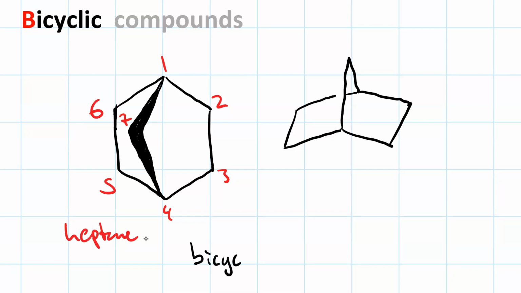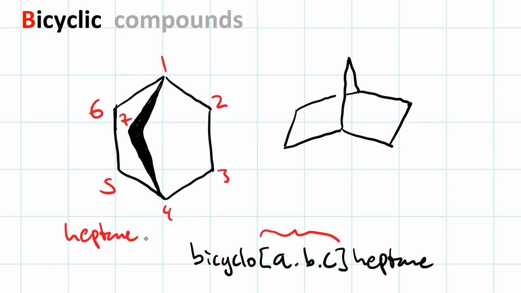It'll be bicyclo, bracket, A.B.C, heptane. What do A, B, and C represent? They represent the lengths of the bridges. What do I mean by bridges? Well, these are what we call the bridgehead carbons.